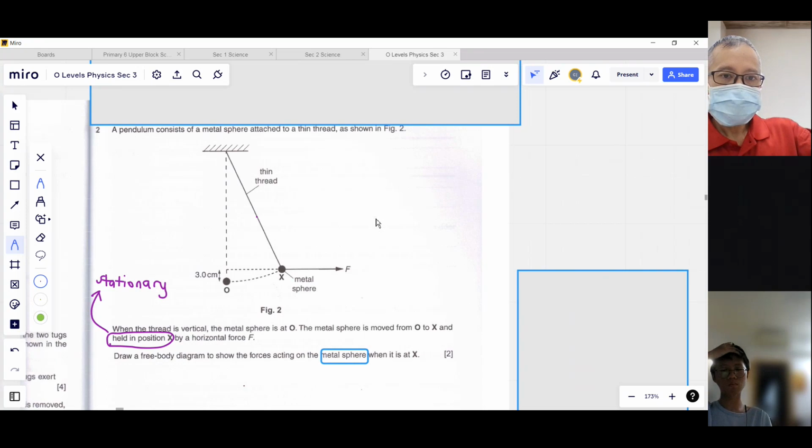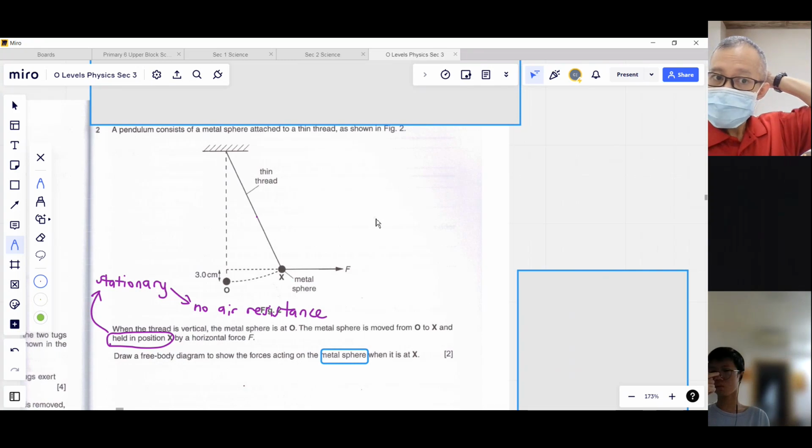And that also means they want to make sure you understand there is no air resistance. Okay, so since you're at this page, we must work on it.